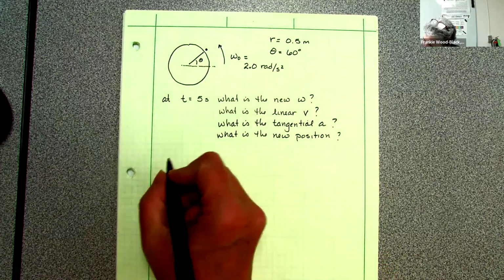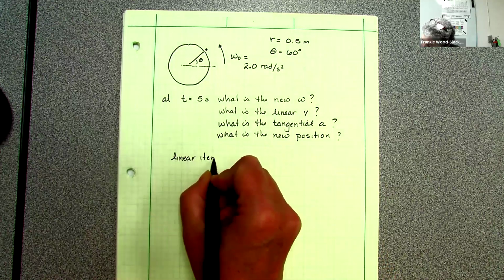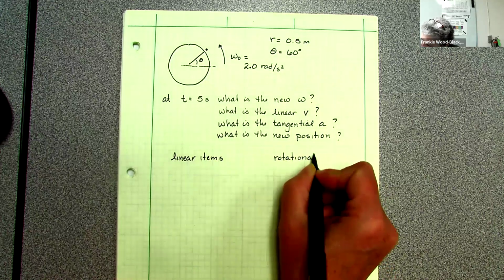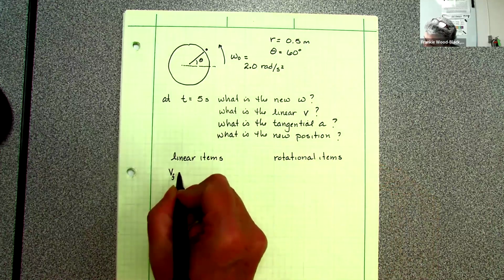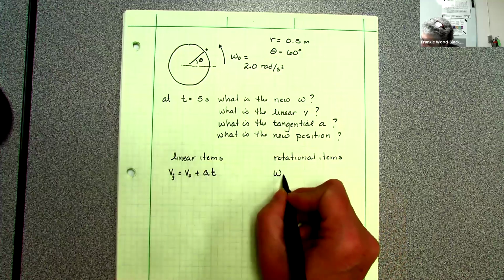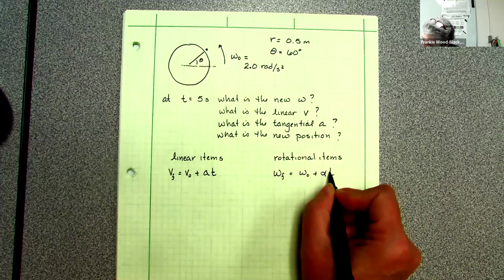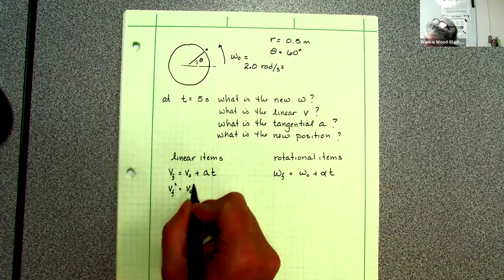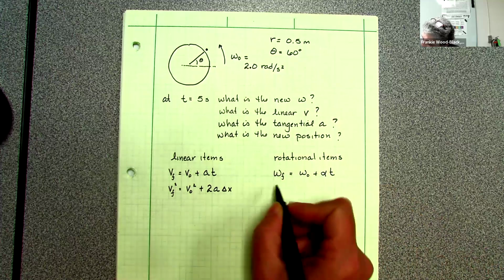And last week we showed that if I have linear items or rotational items, we can build our toolbox that looks like this. V final is equal to V initial plus acceleration times time. And we had omega final is equal to omega initial plus my angular acceleration times time. We have V final squared is equal to V initial squared plus 2 times my acceleration times my change in position.